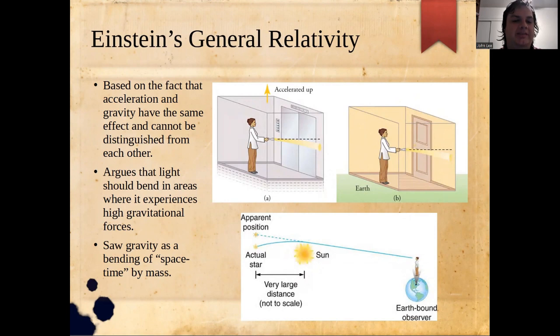So one of the things that should happen is that light, instead of going straight, should bend in areas where it experiences high gravitational forces or high gravitational fields, in the same way that light would bend if you were accelerating up in an elevator.